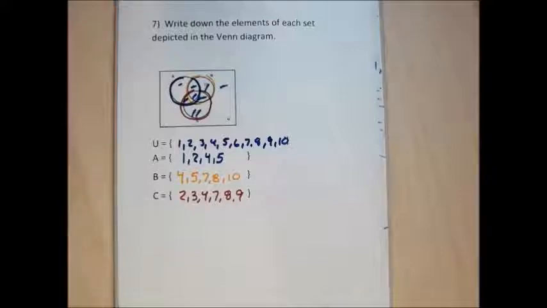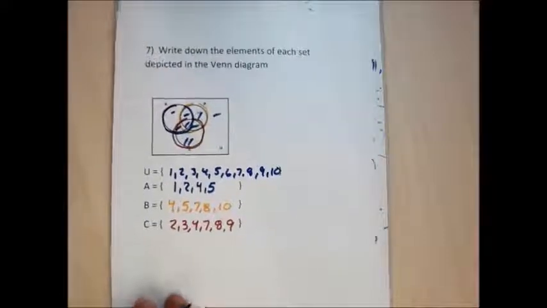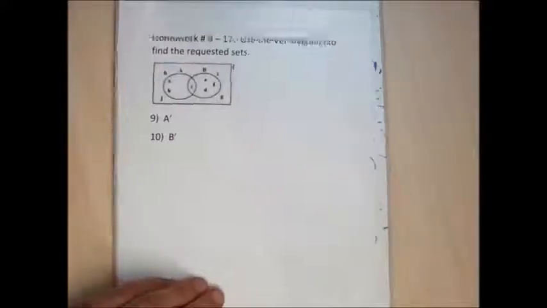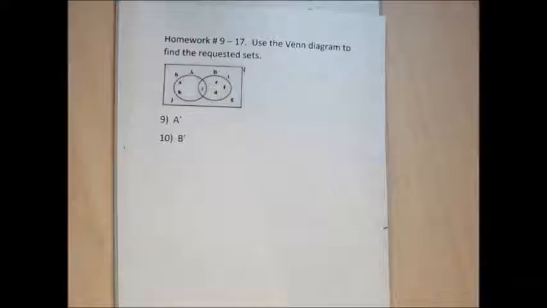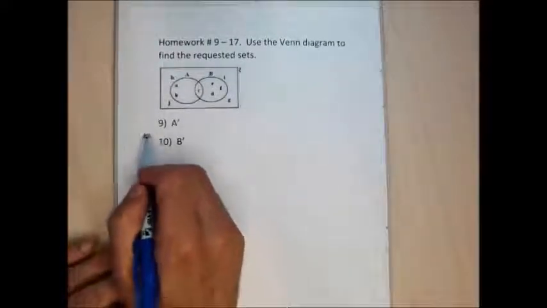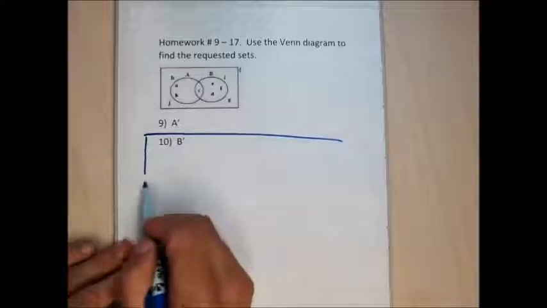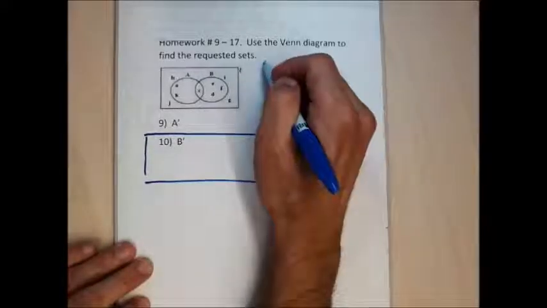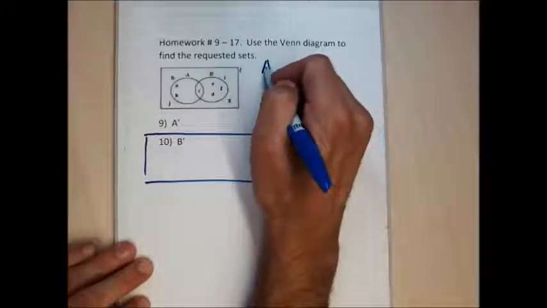Okay, now we're going to do intersections, union, and complement problems with Venn diagrams. And probably the easiest way to do these is just to create the sets that we need. So if I'm going to do problem 10 with this Venn diagram to figure out what B complement is, it would help me if I knew what all the sets were.